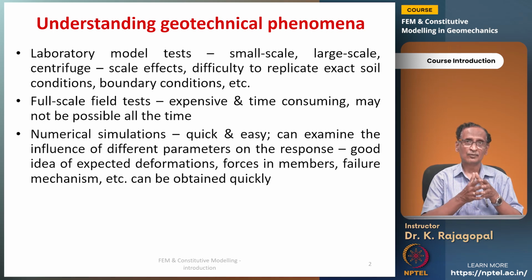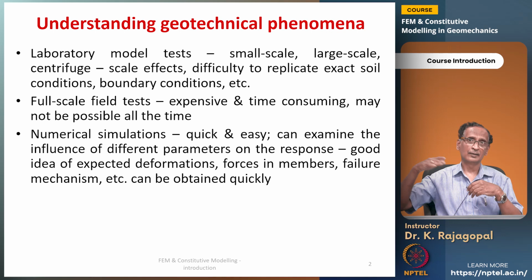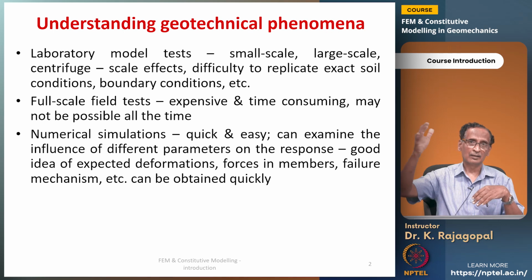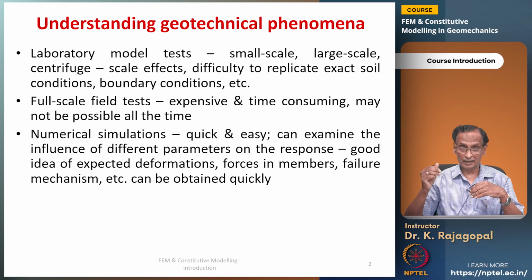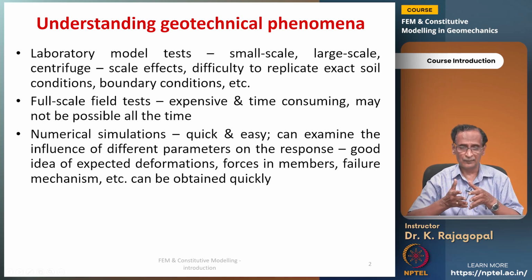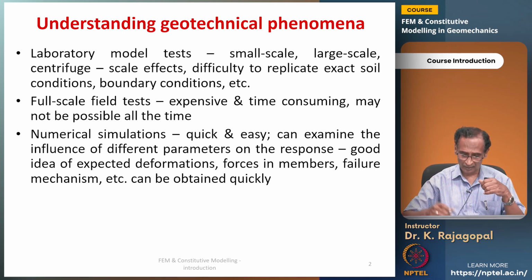And the advantage with the numerical models is that we can simulate all these variations and then get a range of responses, both the most conservative and then at the other end the most realistic or most idealistic response, and we can get a good idea of the expected deformations and then the forces in the members and then the failure mechanism. All these things we can get a good estimate so that we can improvise our designs.